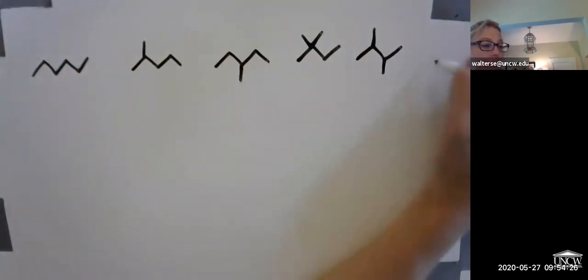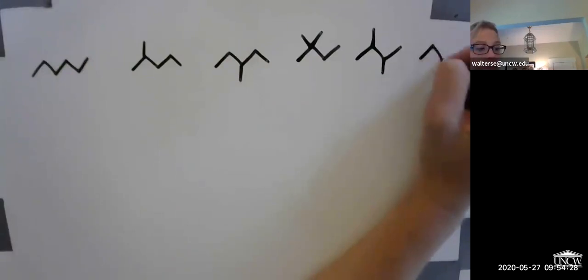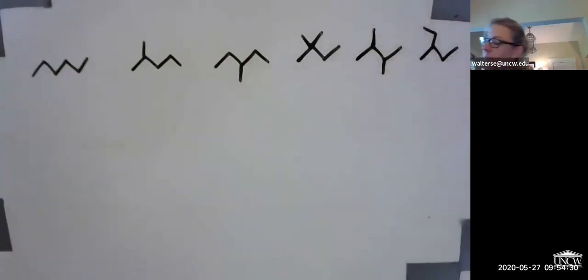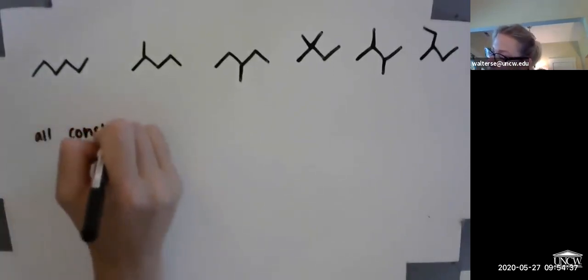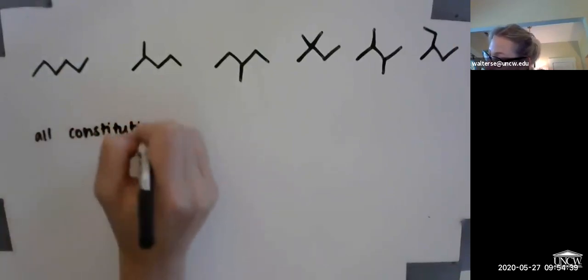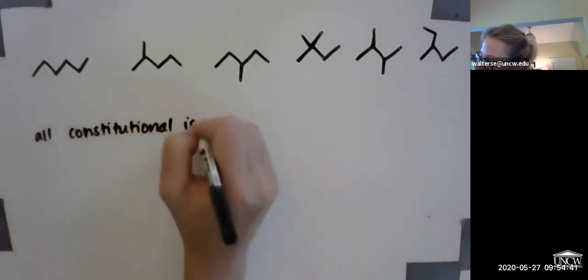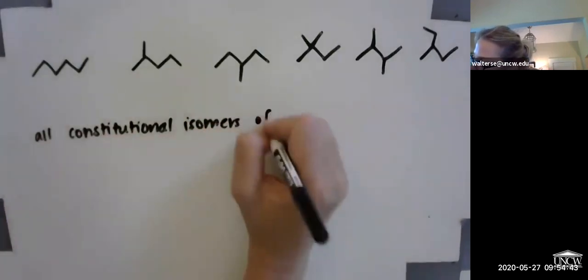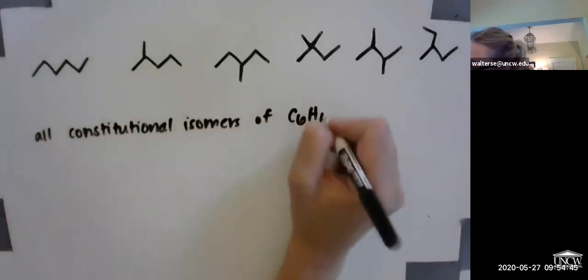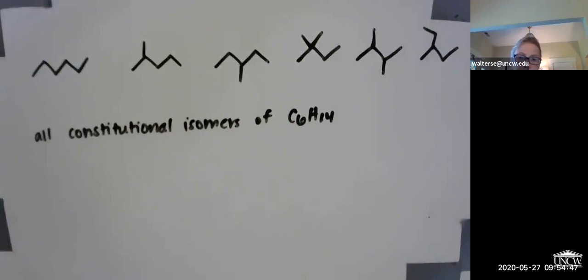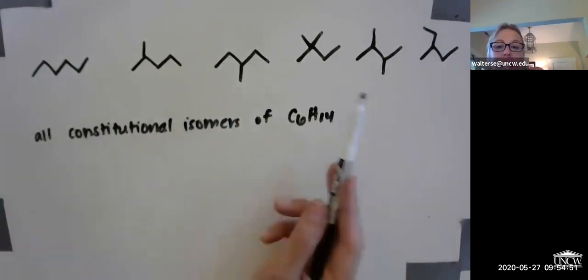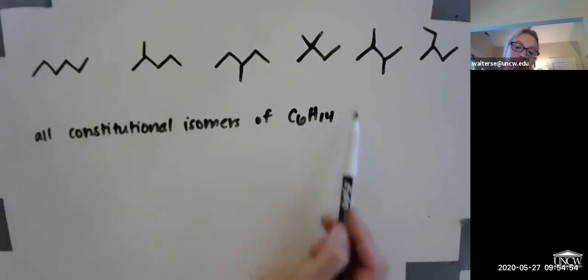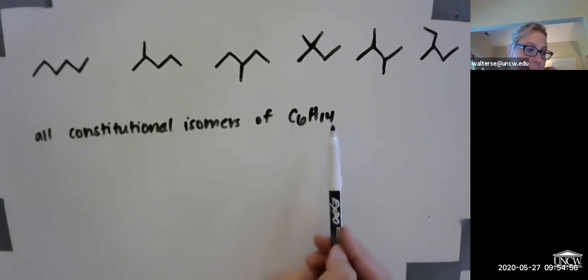Okay, oops, I do have room for one more. So these are all constitutional isomers of C6H14. Okay, so constitutional isomers, remember, are different ways of connecting the same formula of atoms.